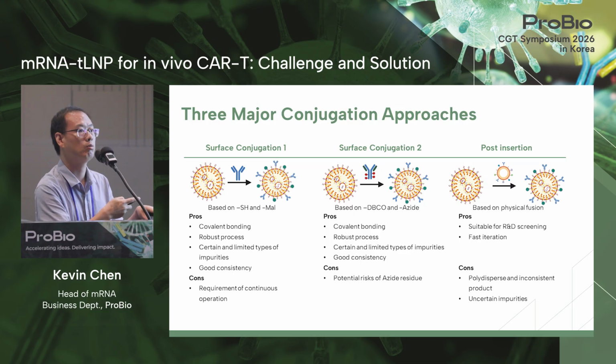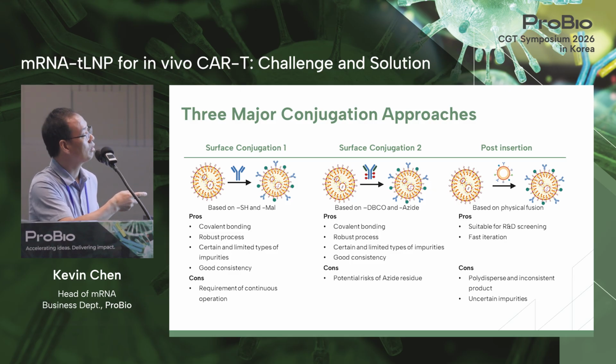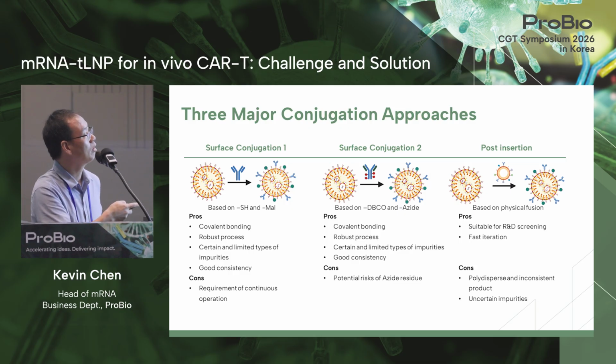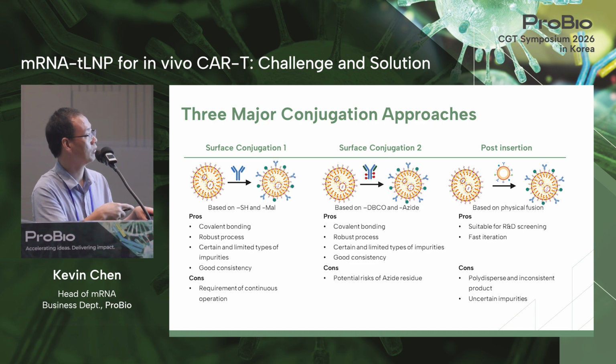So in ProBio, we typically can use 3 different methods to conjugate the antibody to the LNP. The first is surface conjugation, based on the thiol group and maleimide. It's a covalent binding and a robust process with a limited type of impurity, and it shows very good consistency.